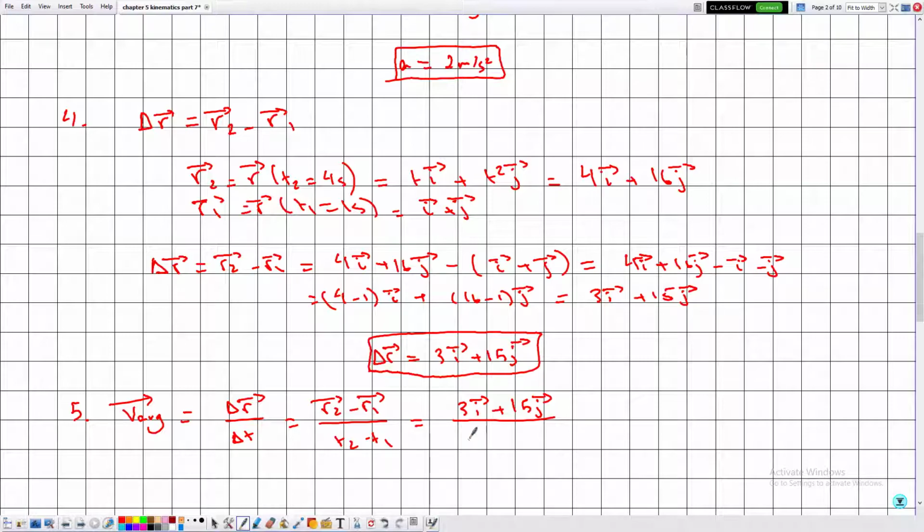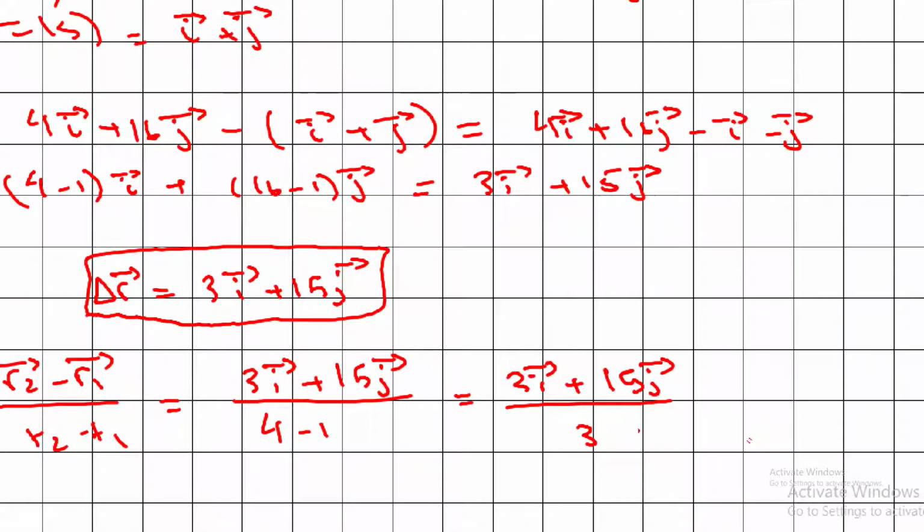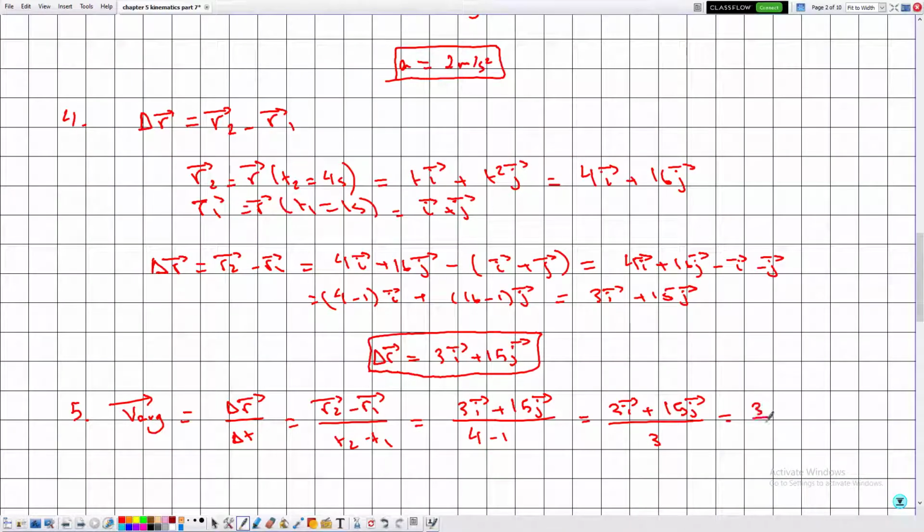As for t2 minus t1, it's given by 4 minus 1, so this is equal to 3i plus 15j divided by 3. So this is two fractions having common denominator 3, then let's split them out. It's given by 3 divided by 3i plus 15 divided by 3j, which is equal to i plus 5j.